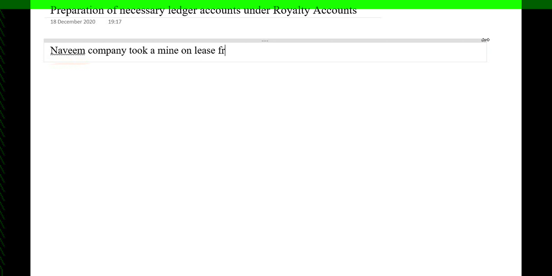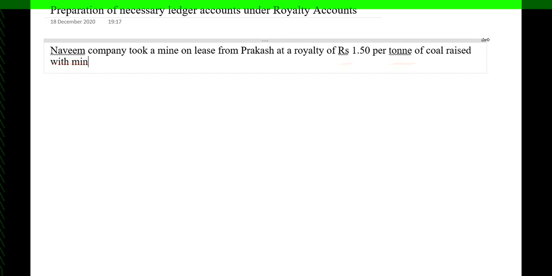Naveen Company took a mine on lease from Prakash at a royalty of rupees 1.50 per ton of coal raised, with a minimum rent of rupees 20,000 per annum.